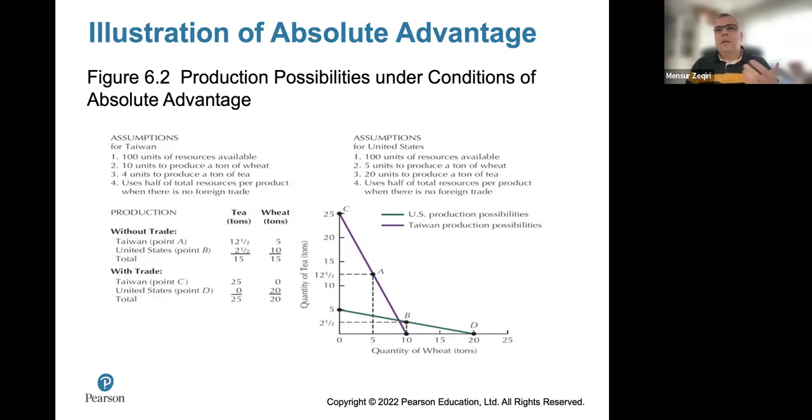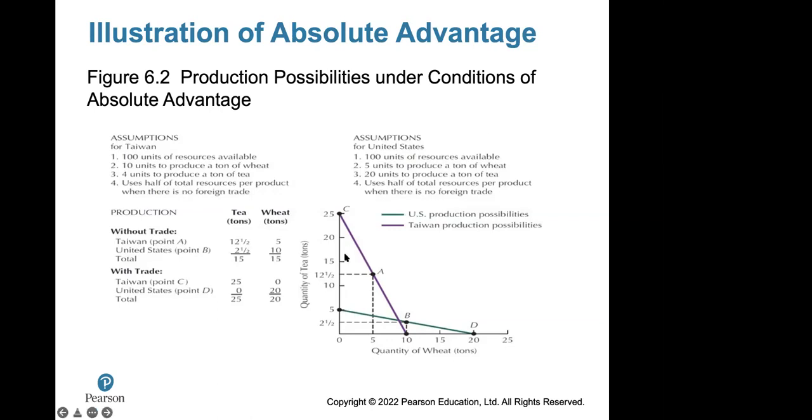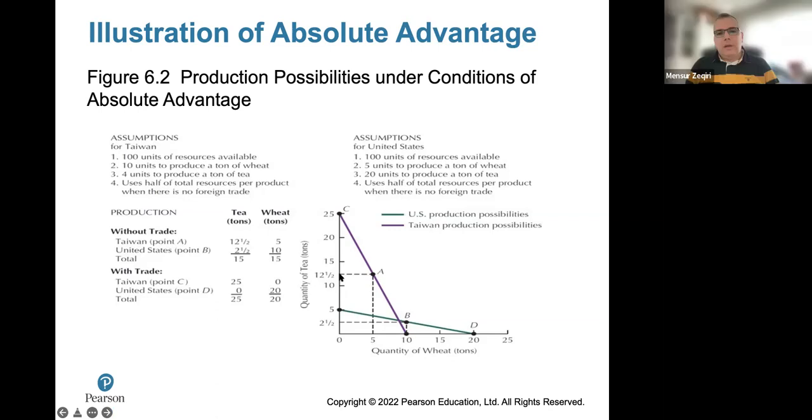So let's say the two countries have no foreign trade in these cases, and if we assume that each of these countries devotes half of its 100 resources to production of each product, as you can see in this figure, Taiwan can only produce 12.5 tons of tea, and this is because we divide 50 by 4, because we said it uses half of the total resources per product when there is no foreign trade.